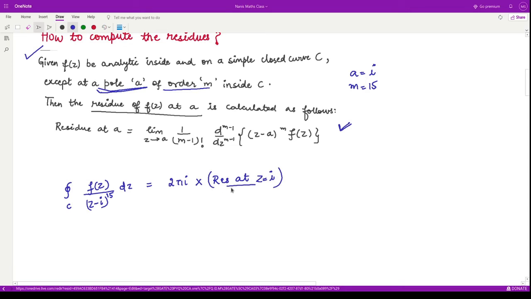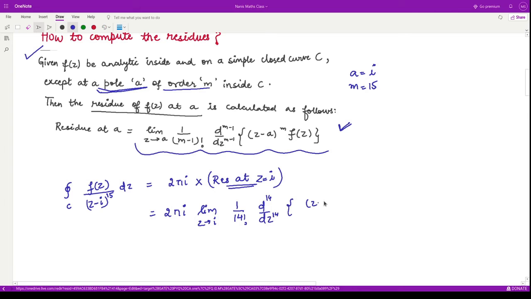So we have to first calculate this residue, which would be calculated using this formula. Here we would have the limit z goes to iota, and m is 15, so we have 1 upon 14 factorial, and then we take the derivative with respect to z 14 times of the function z minus iota raised to power 15.